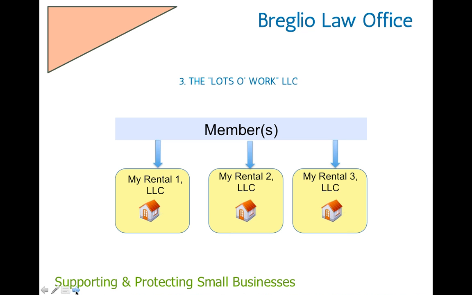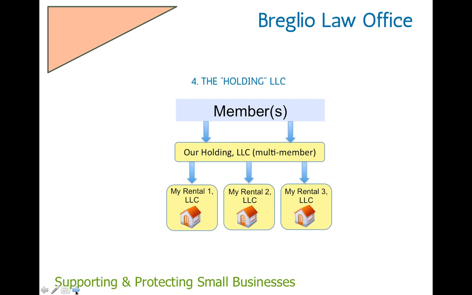Now, if you have multiple members, this is not a good arrangement, because if you had two members of each LLC, then each LLC is also filing a tax return. And so suddenly you're filing a lot of tax returns on top of having lots of different bank accounts and lots of different corporate records. So what we do in that situation is this. It's called the holding company LLC.